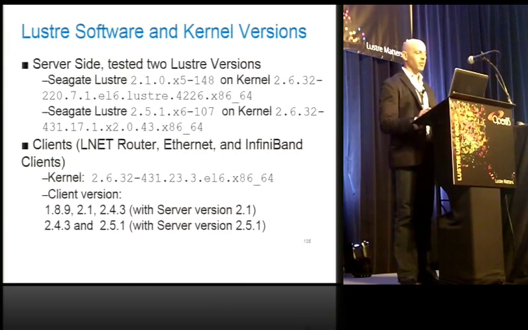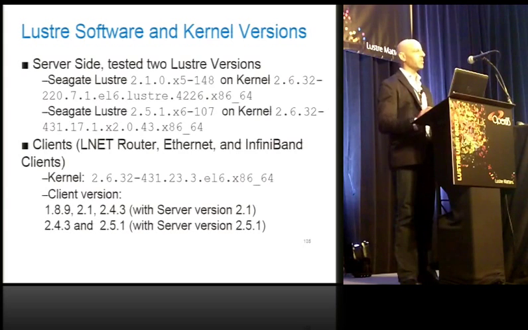On the Seagate version 2.1, I tested 1.8.9, 2.1, and 2.4.3. On the Seagate version 2.5.1, I tested 2.4.3 and 2.5.1. As you'll see, as we progress through this presentation, all the configuration applied to all the different client and server scenarios, and performance was relatively the same.